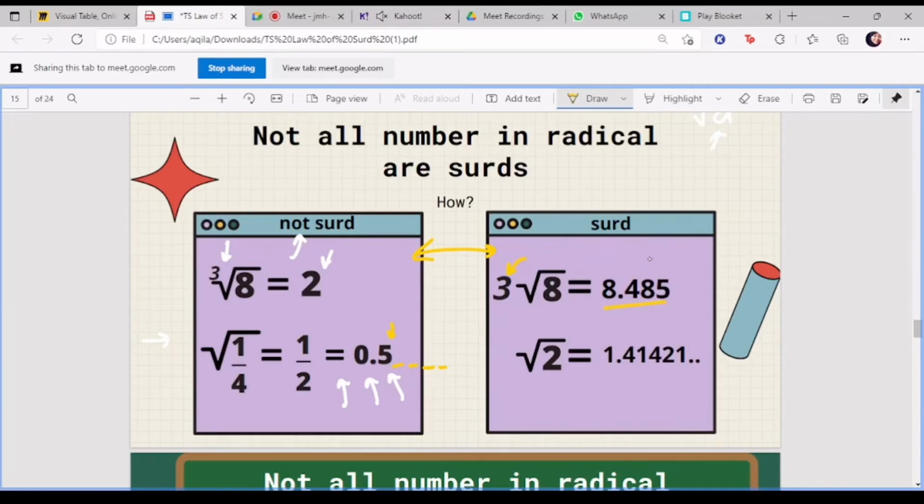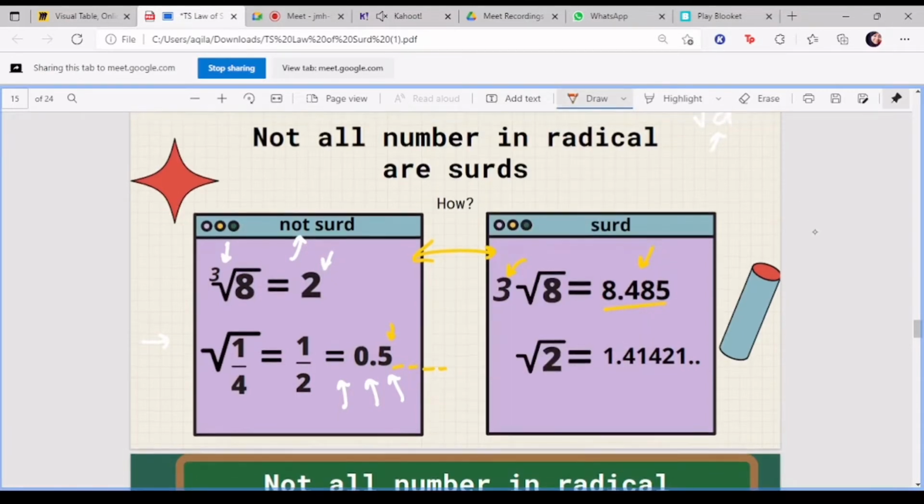Why do you think that it is a surd? Because it has infinite decimals, a continuous decimal number. Okay, because it continues. Can you give me some example about surds?